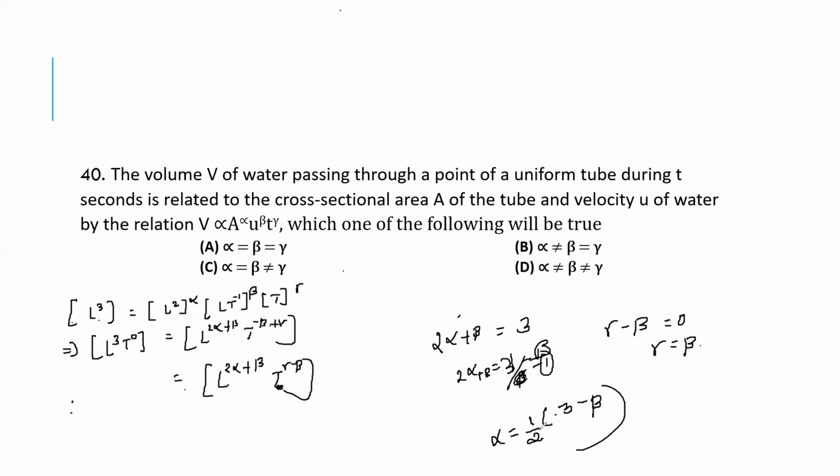So option B is the correct option in the given question. Right? So this is how we can use dimensional analysis and simplify the given question.